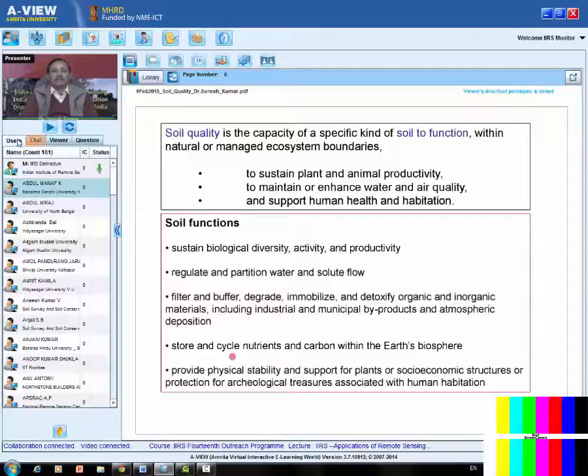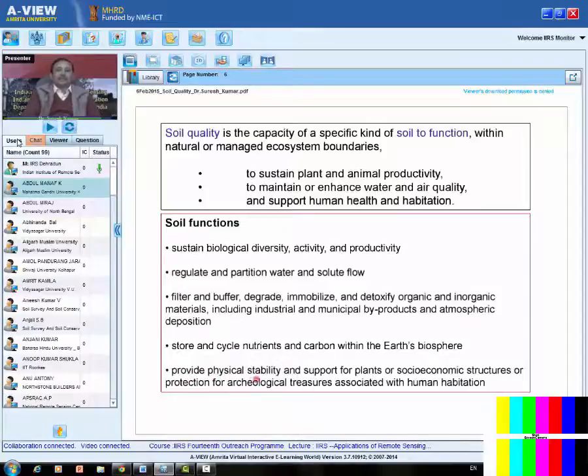So it works as a cycling of soil nutrients and carbon. Carbon cycling happens because, through photosynthesis, plants take up CO2, and CO2 is also released from the soil. We call it soil respiration. So total nutrient cycling is governed by your soil and plant, and soil is one of the most important constituents in that.